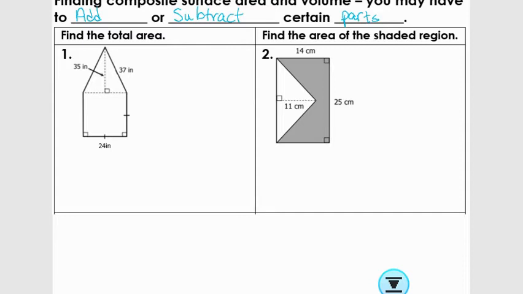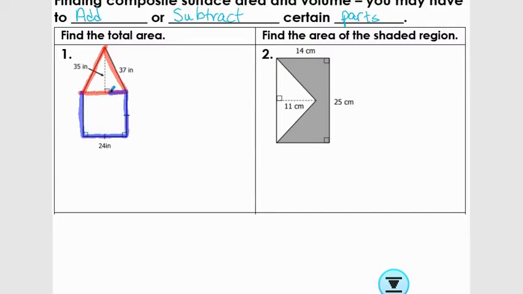Okay, so let's take a look at that. This first page is just regular area, not surface area or volume, just regular area. And we want to find the total area. If I look at it, I can see that this shape is made up of a triangle and a rectangle.